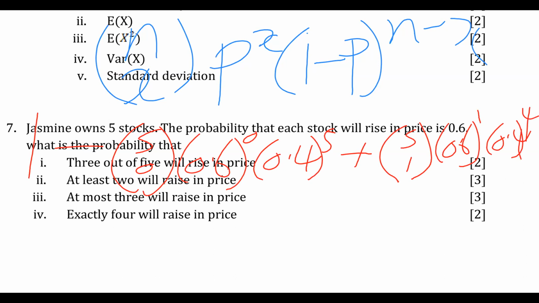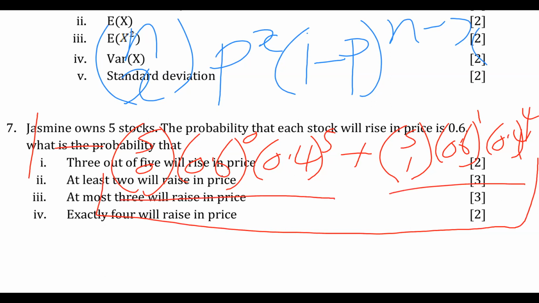Why to the power 4? You are subtracting 5 minus 1. You calculate this one plus this one, add them, then subtract their answer from 1. Then you should be able to get the probability I was talking about.